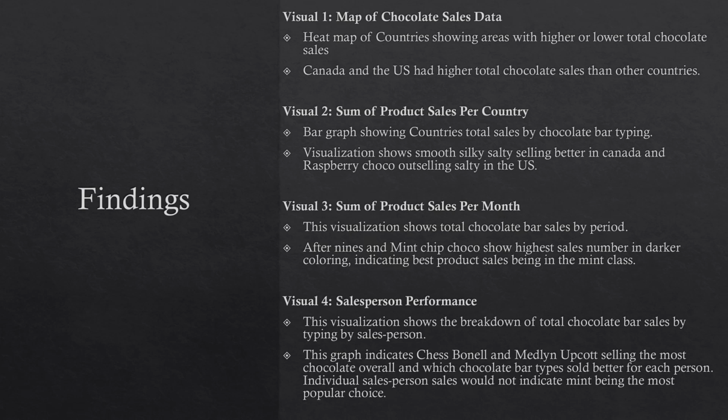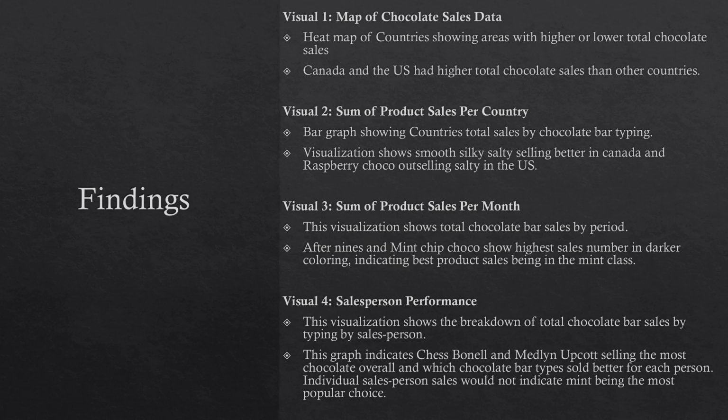The key findings for Visual 1, the heat map of countries showing areas with higher or lower total chocolate sales: Canada and the United States had higher total chocolate sales than the other countries. Visual 2, the sum of product sales per country, the bar graphs showing countries' total sales by chocolate bar typing. The key finding was that smooth, silky, salty sells better in Canada and raspberry choco outsells salty in the United States.